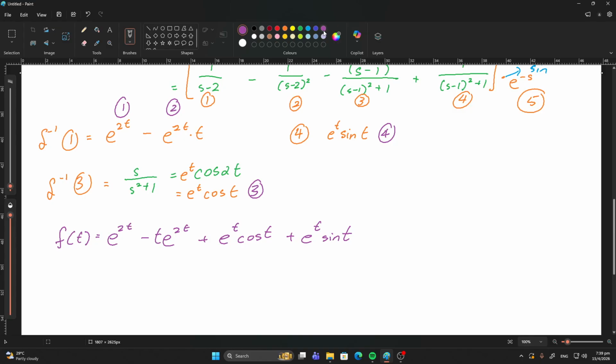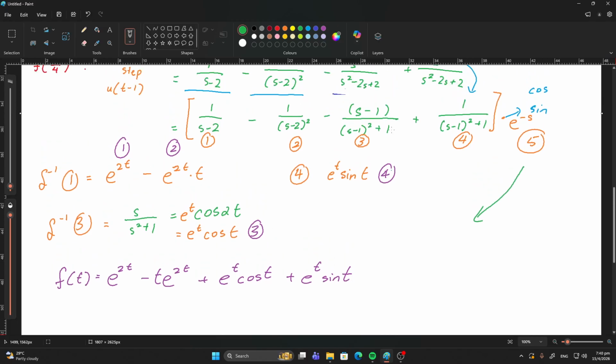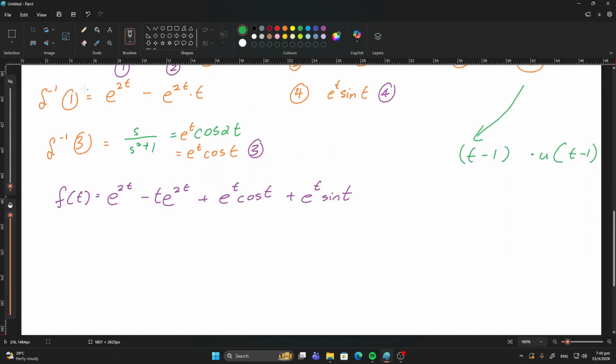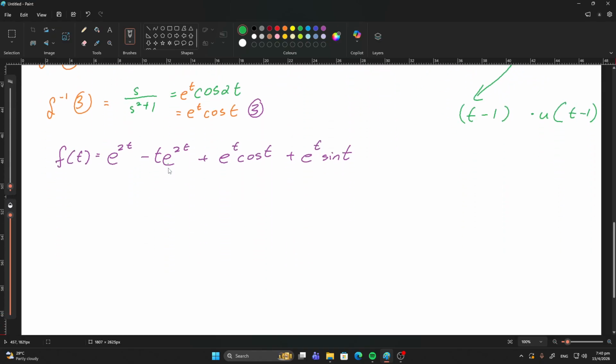Okay, but remember, because of this guy over here, term 5, we need to make all our t to t minus 1, then we times the whole thing by the unit step. So let's go ahead and make the whole thing t minus 1.